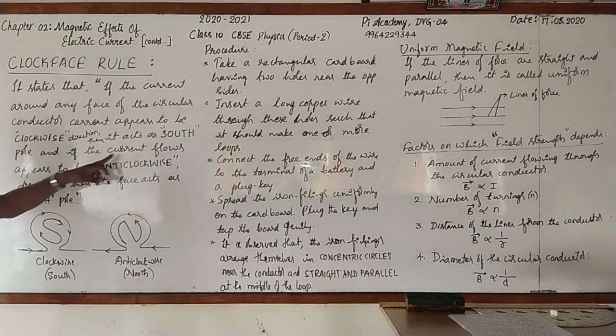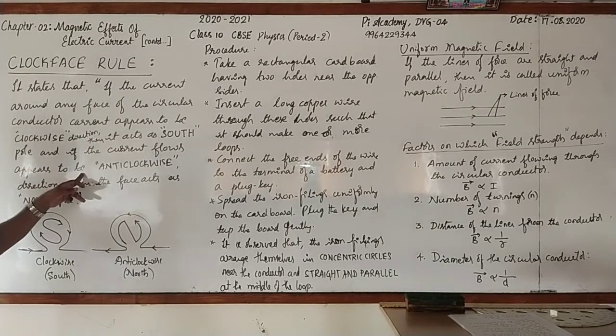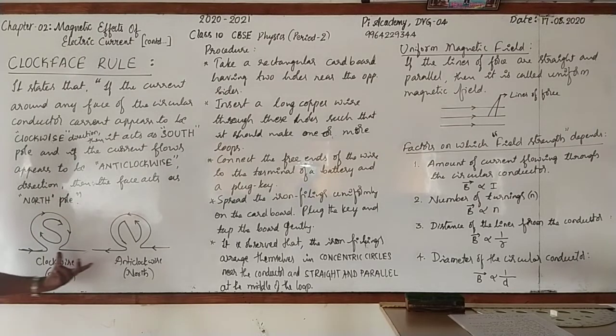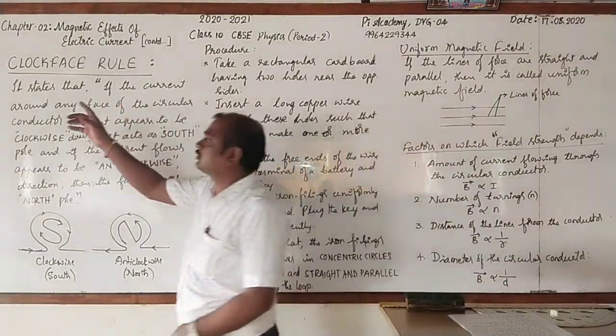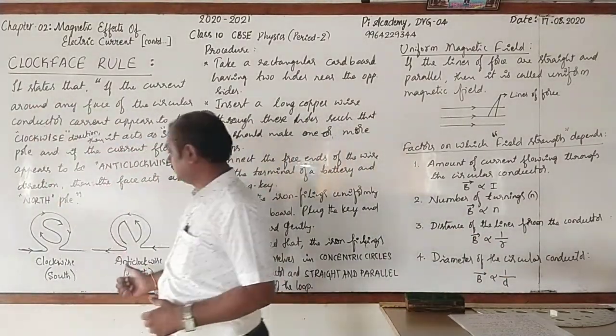And if the current flow appears to be in anti-clockwise direction, then that face acts as north pole. So with respect to that, here I have drawn the figure as well. So you have to copy this. I think you have copied up to here. Now you are going to copy from here to here.